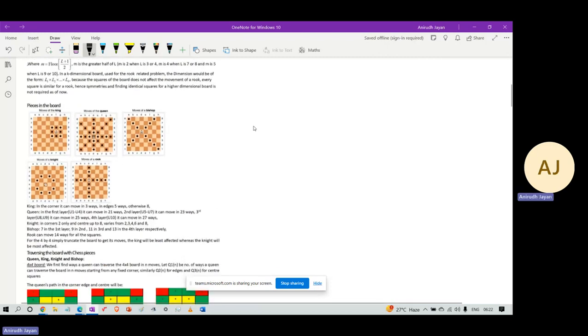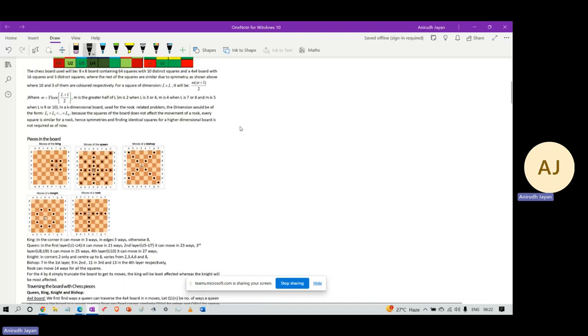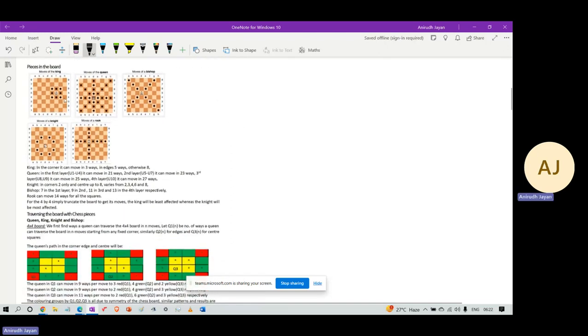Now let us observe the chess pieces. A king moves one step forward, backward, sideways, and in both diagonals with a distance of 1. A queen has the same moves as a king, but the distance is much higher, up till the size of the board.